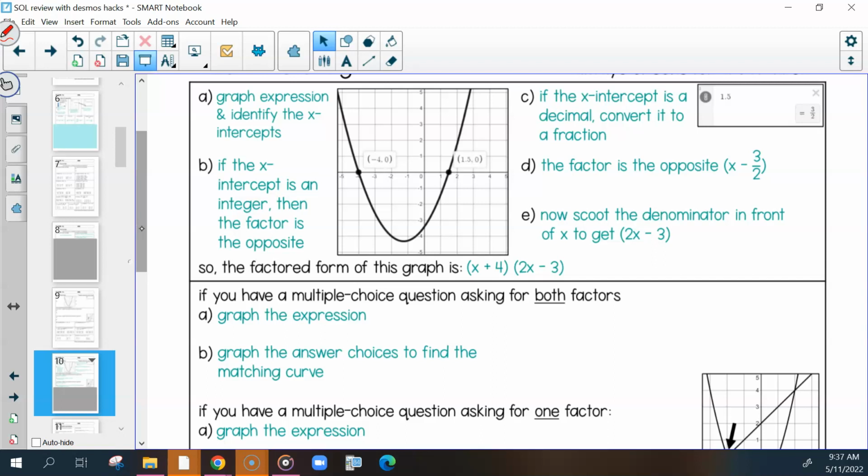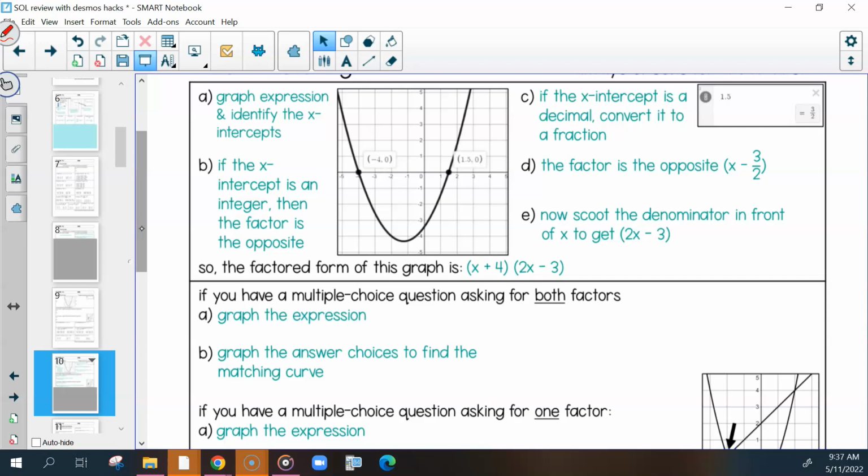If the x-intercept is a decimal, you will need to convert to a fraction. If that's an easy decimal like 1.5, you can put that in, convert that to a fraction, and it'll give you the fraction 3/2. Now, we don't write factors like this, but you could start this off to help you. So what they do is write it as x the opposite.